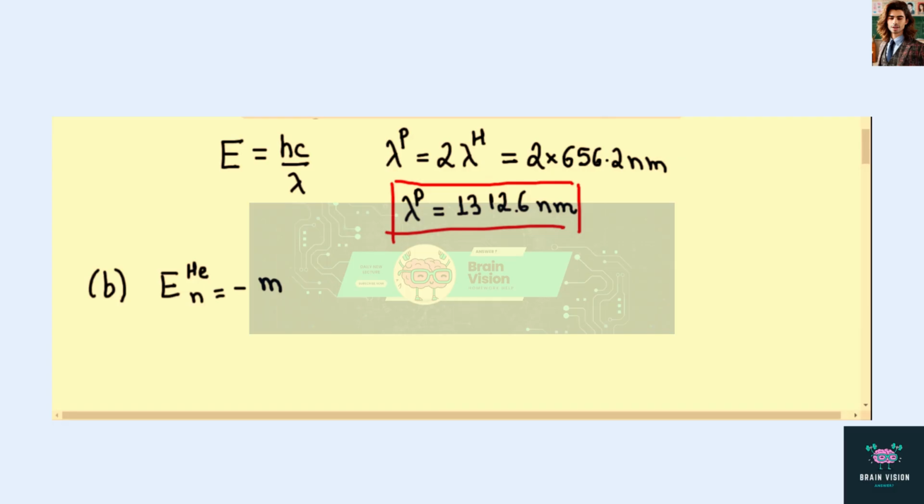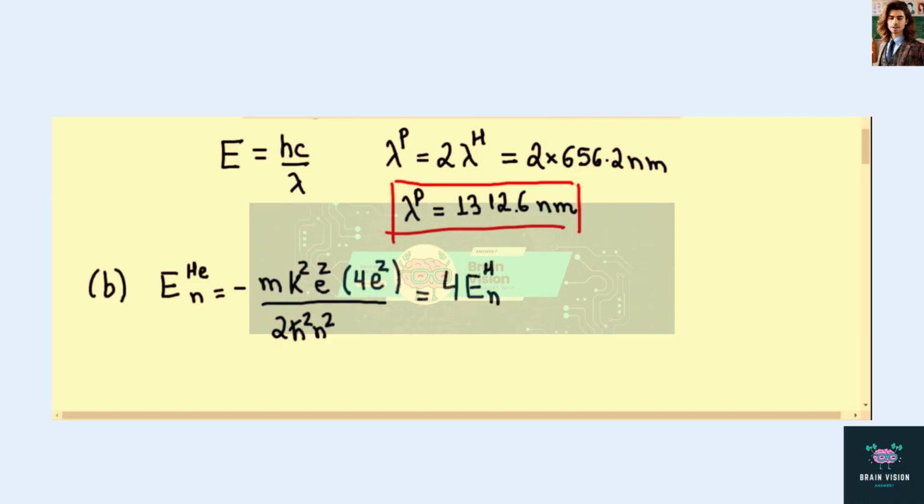So this is the mass of the electron times k squared times the charge of the electron squared, which is e squared, times the charge of the nucleus squared. The charge of the nucleus of the helium is 2e, so the charge squared will be 4e squared, divided by 2 h bar squared n squared. And notice that this is 4 times the energy of the hydrogen.